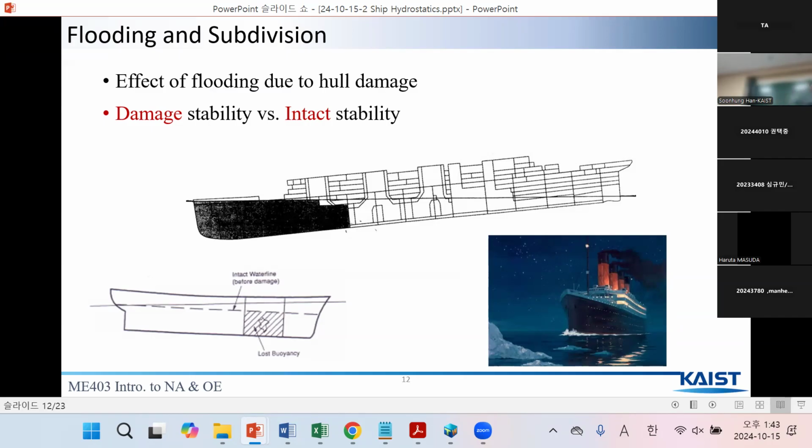But if we can make it watertight, then even though water is flooding, this room is empty. Right? If the Titanic was built with watertight bulkheads and doors, then it would not sink. But at that time, there was no such concept. That's why it goes down one by one, so it takes many hours sinking down.